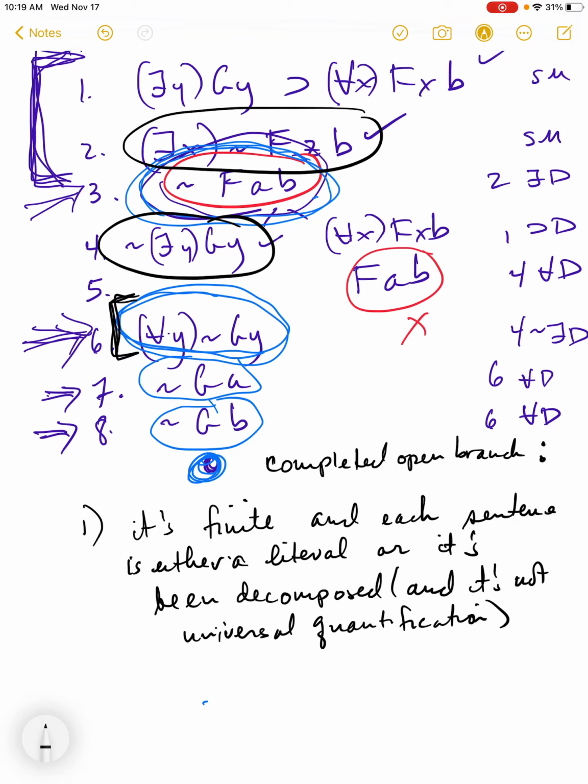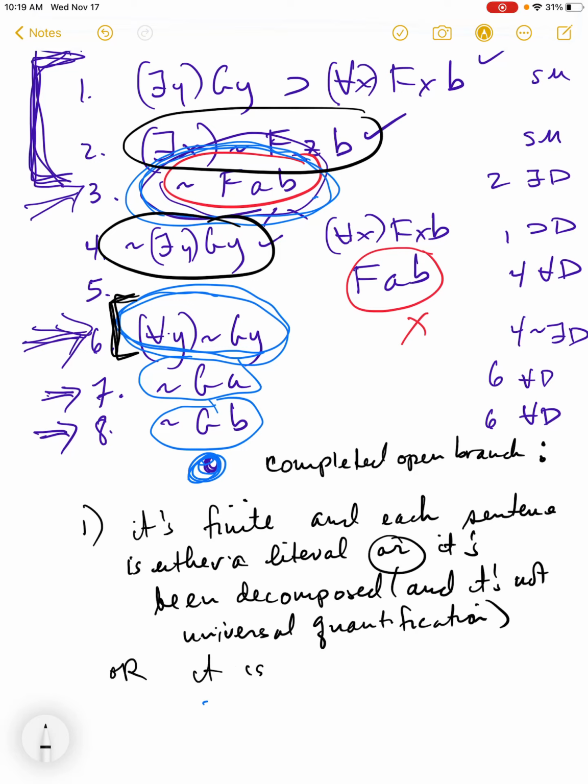Okay? And then I'm going to continue this criterion. So it's finite and each sentence is a literal, or it's been decomposed and it's not a universal quantification. I'll just add it this way.